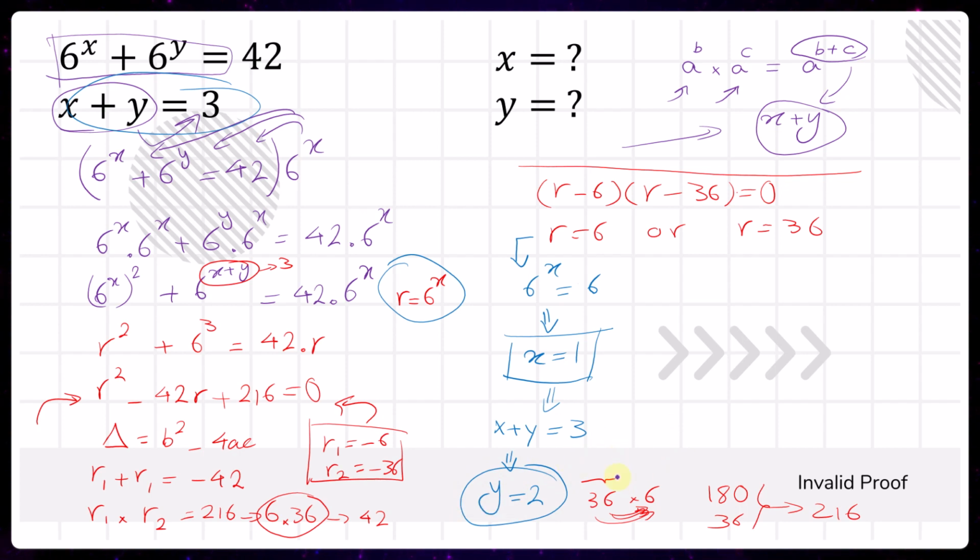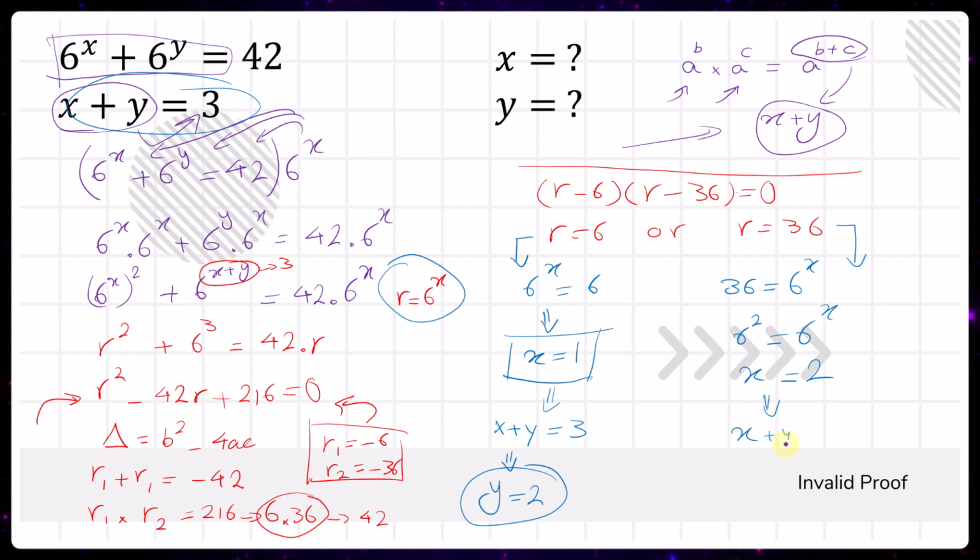Let me just clear this side. All right, now in the second case, we have r equals 36, which is 6 to the power of x, and this is 6 to the power of 2. So it gives us x equals 2, and then again we have x plus y equals 3, and then y would be 1, right?